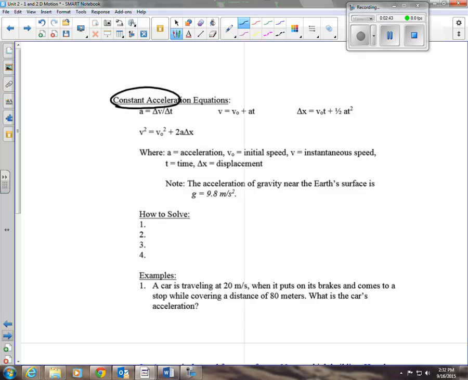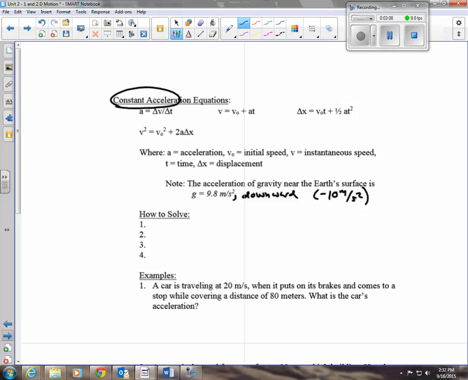The acceleration of gravity near the Earth's surface is g equals 9.8 meters per second squared downward. In class, we're almost always going to use minus 10, or 10 meters per second squared, downward for the acceleration of gravity. That makes the math a little bit easier, but remember, it's really 9.8. If we're going to work in a lab, we want to be really precise.